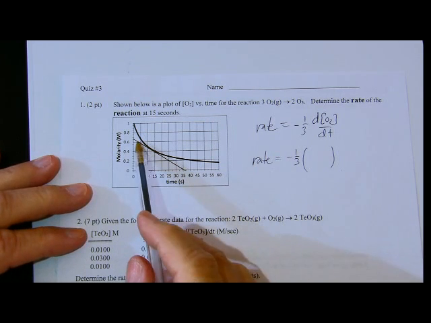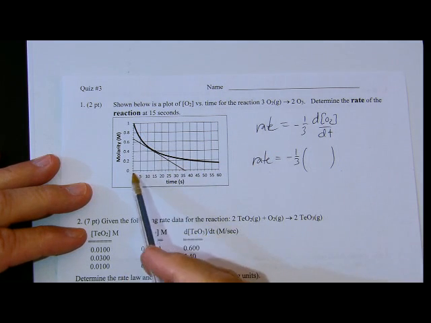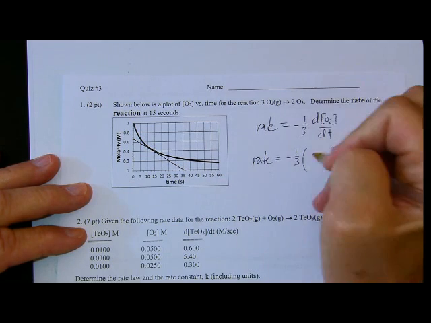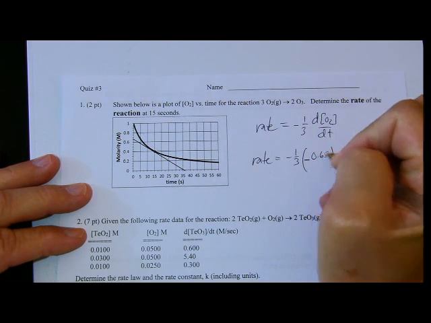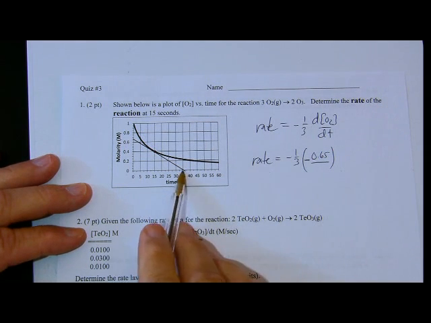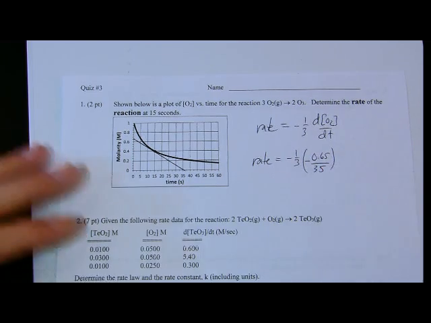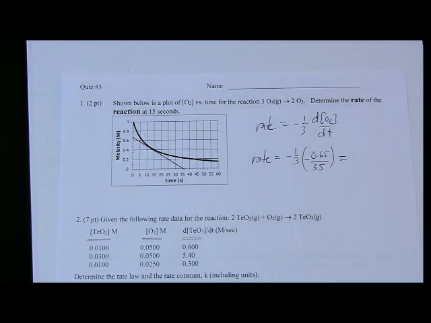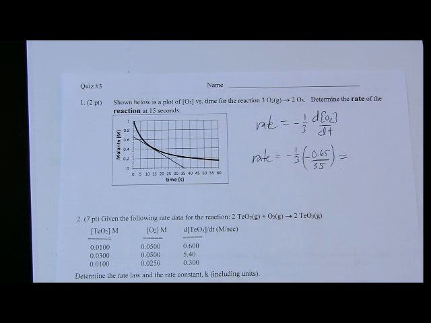It's going down from 0 to 0.65, so that's a negative, minus 0.65, out to about 35. So that is the way to calculate the instantaneous rate.